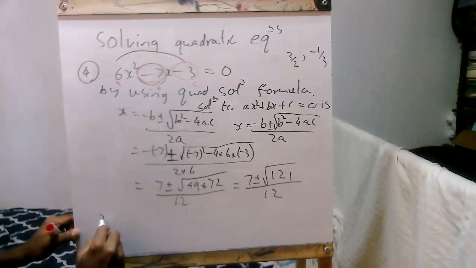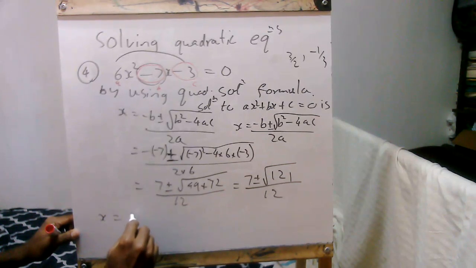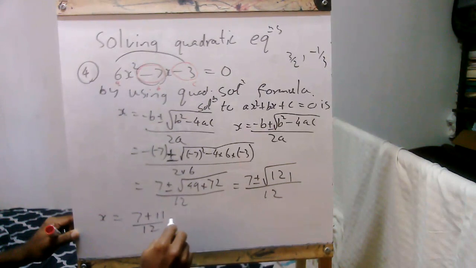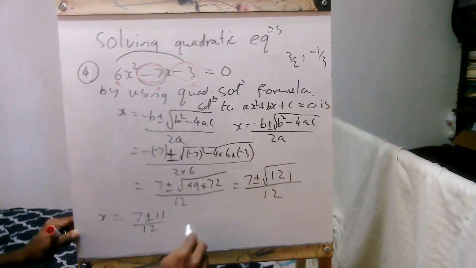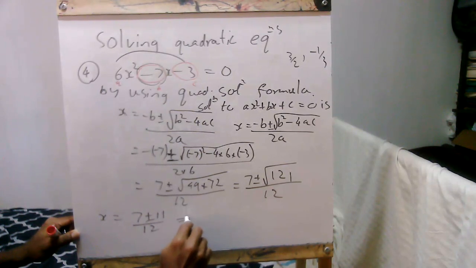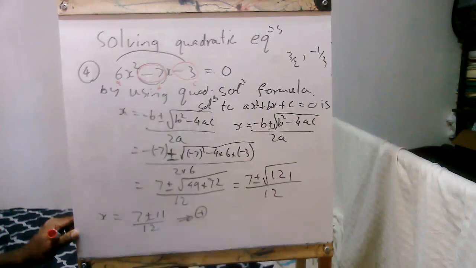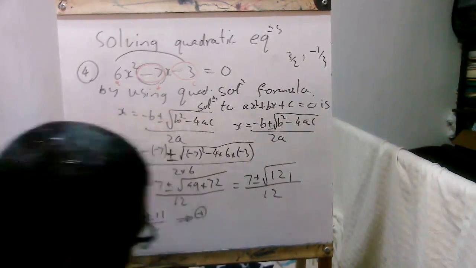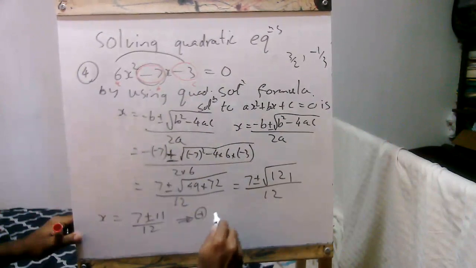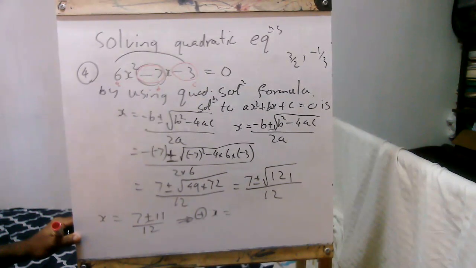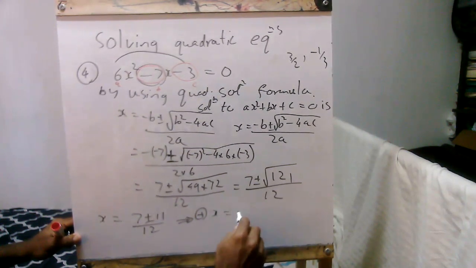Then we get x equals, the square root of 121 is 11. 7 plus or minus 11, divided by 12. With plus we get x equals 7 plus 11, which is 18 over 12.